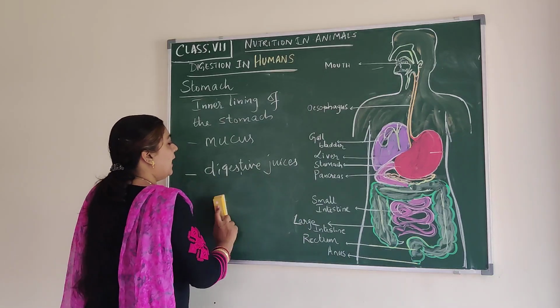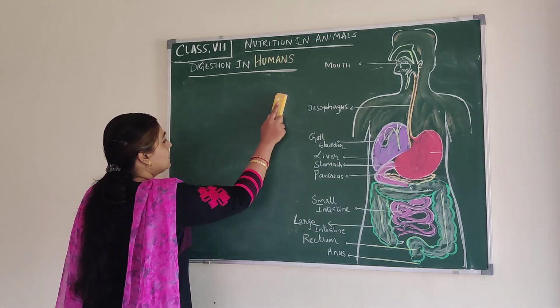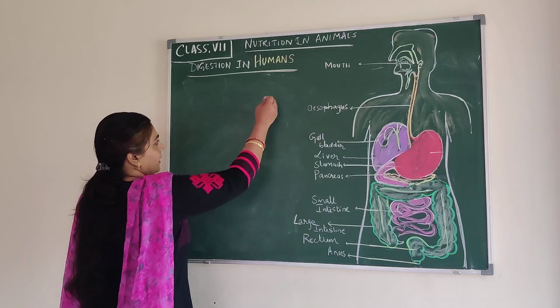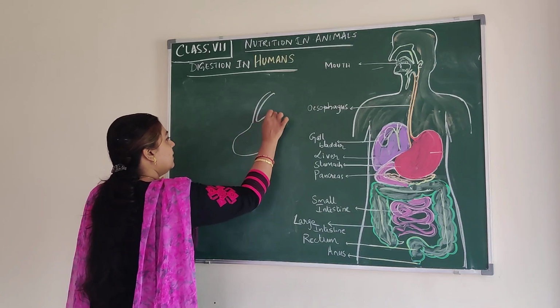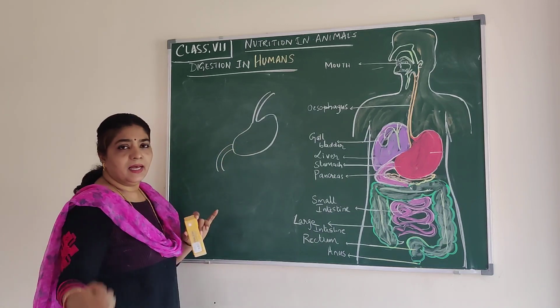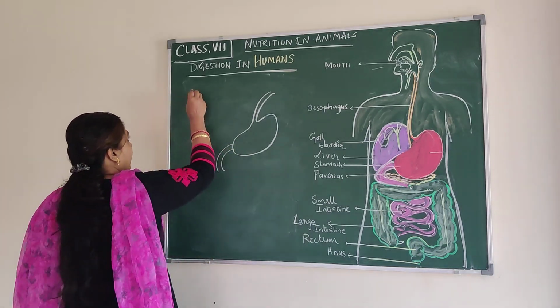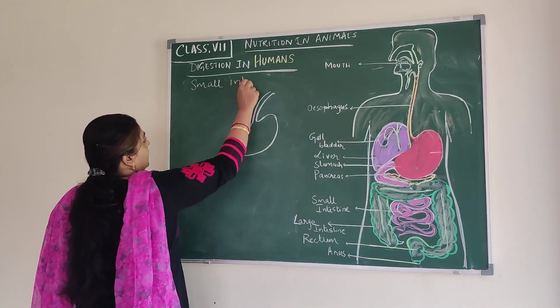Now the food enters the first part of the small intestine. So this is our stomach, right? And the food enters the small intestine. So let us see what happens in the small intestine.